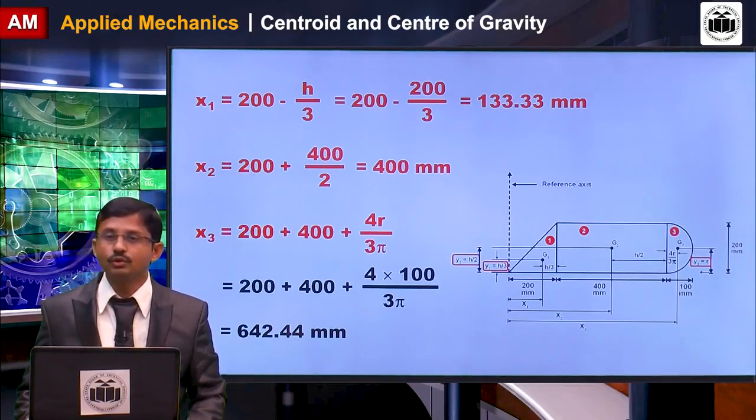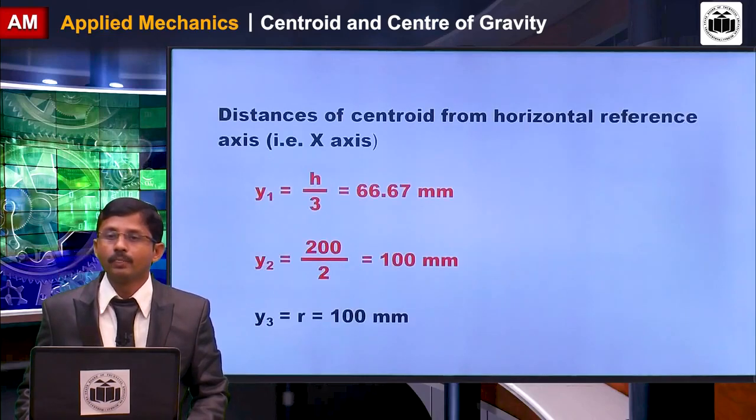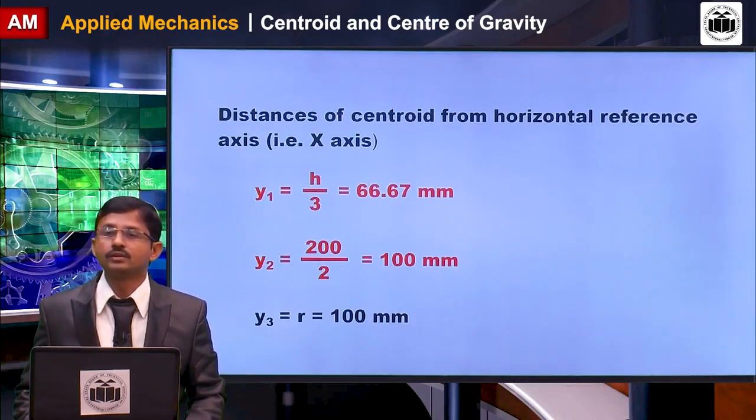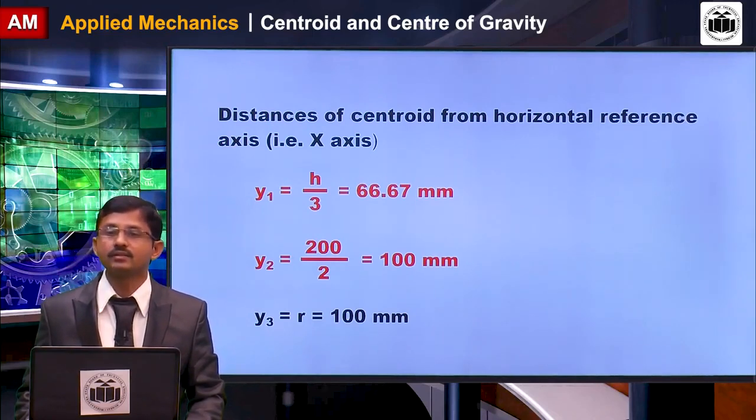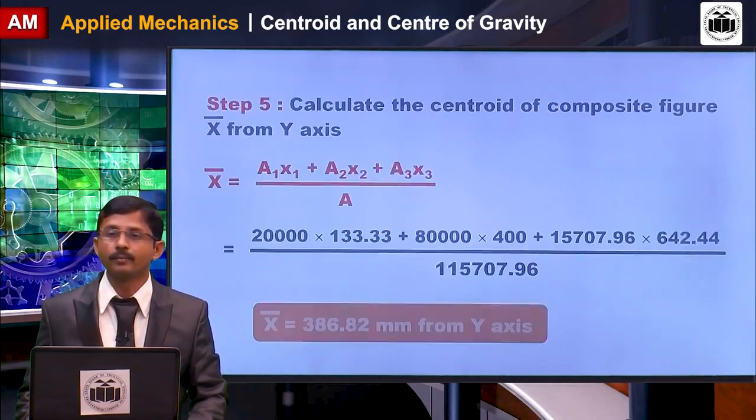So from this you will get x1, x2 and x3. Then you have to calculate the distances of centroid from the x-axis, that is y1 as h by 3 for the triangle, y2 is 200 by 2, and y3 for the semicircle, the radius is equal to 100 mm.